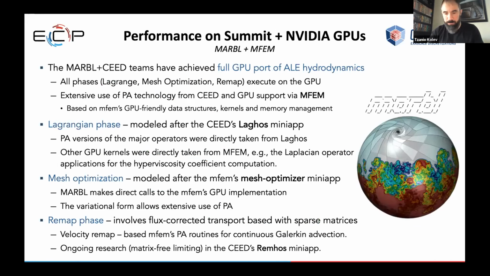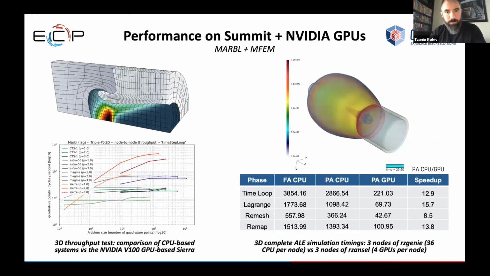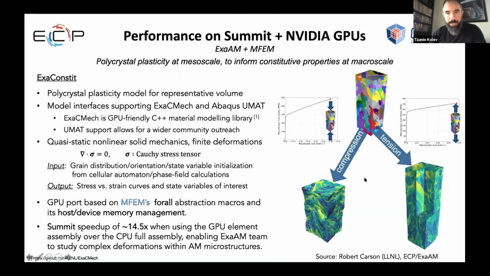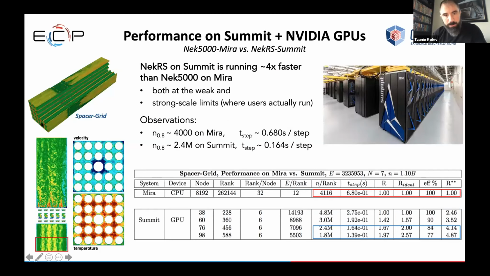I don't have the time to talk to you in detail about them, but one of them is compressible flow. This is an application at Livermore, and they've seen here speedups compared to the CPU cluster that they've used between 12 to 13 in the different phases of the simulation. Another application is in additive manufacturing, a polycrystal plasticity mini app, where the speedups have been about 15. And also the NEC 5000 code.